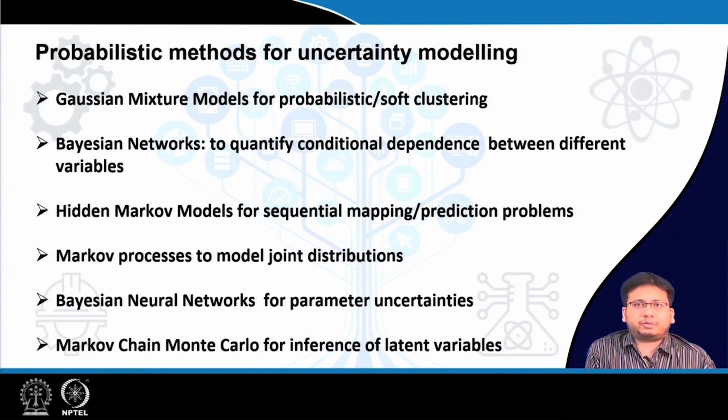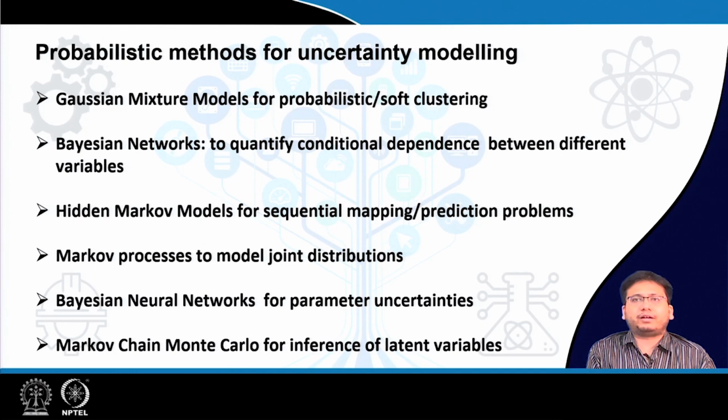What I mean is that it is not that all variables depend on each other; there is some kind of conditional independence, and these conditional independences are utilized in a very elegant and effective way in Bayesian networks, and they are useful for probabilistic inference also.